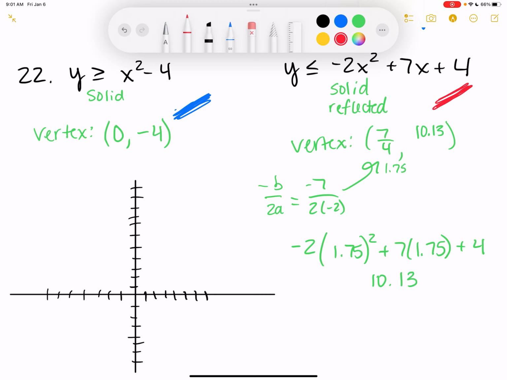So do the easy one first. The vertex at 0, -4. Okay, 0, -4. So then I would just use something like 1, that's 1 away from it. So if I plug in 1, 1 minus 4 is -3. So at 1, I'm at -3, and 1 on the other side at -3. It's solid, so I can just connect like normal.